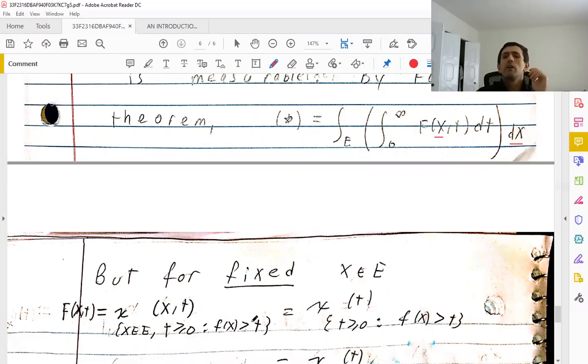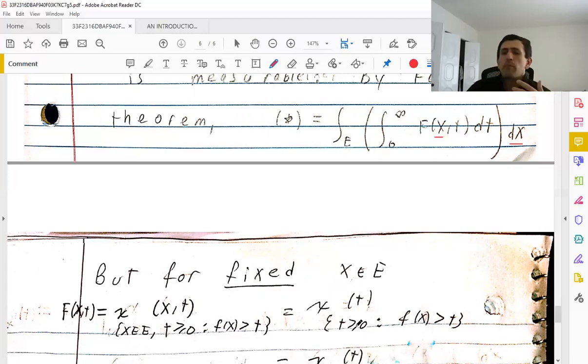Now think about it. For fixed x, we already have x in E. So this is the same thing as saying t simply has to be bigger or equal to 0, and f of x has to be bigger than t. In particular, when t is bigger or equal to 0, and when t is less than f of x, this is 1. When one of those is false, this is 0. Again, for fixed x. So in other words, for fixed x, F of x, t is just this characteristic function.